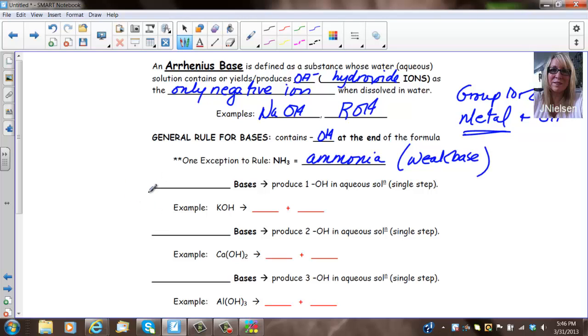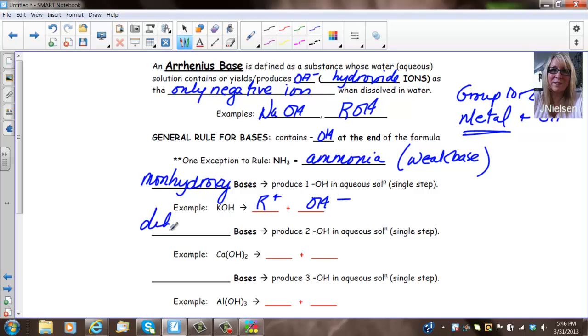So just like acids with more than one H, we have bases. So we have monohydroxy, which means a base with one OH, and the OH dissociates or ionizes in one step, so I'm left with K+ and OH-.